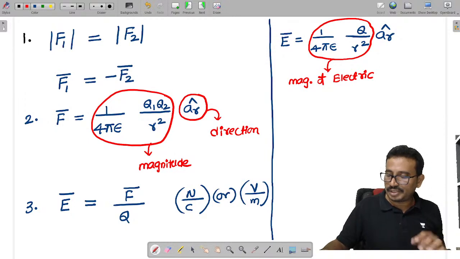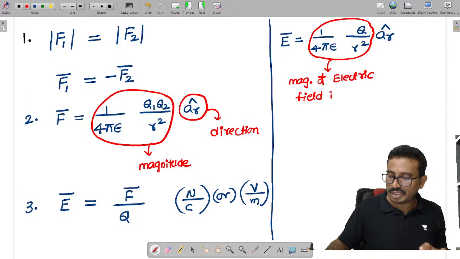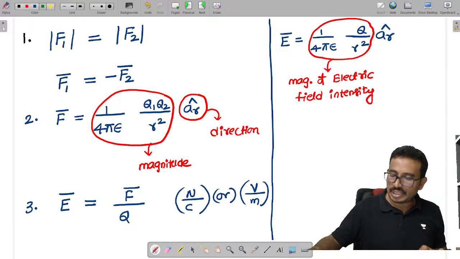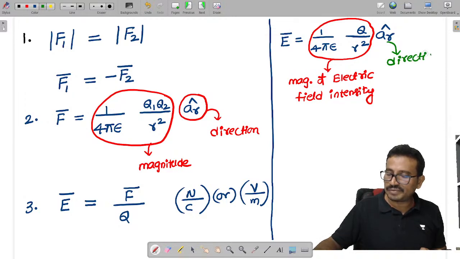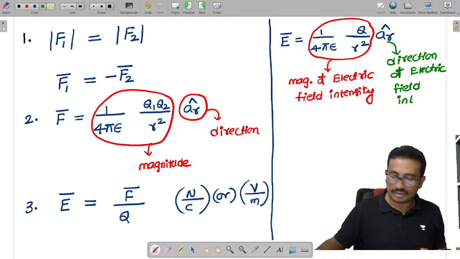All of you speak up. This term will give us the magnitude of electric field intensity, and this AR term will give us the direction of the electric field intensity. Everybody, say it. Any doubt in this?